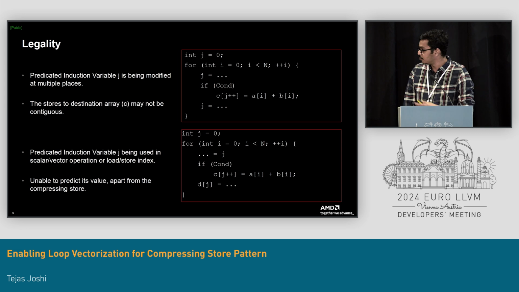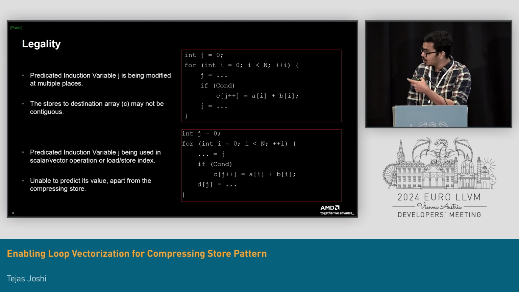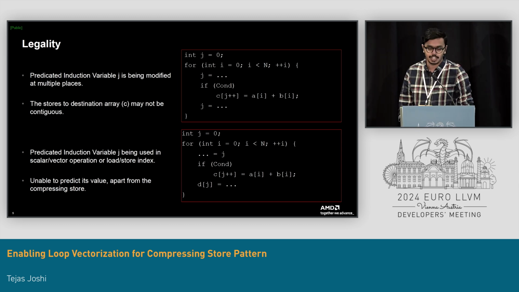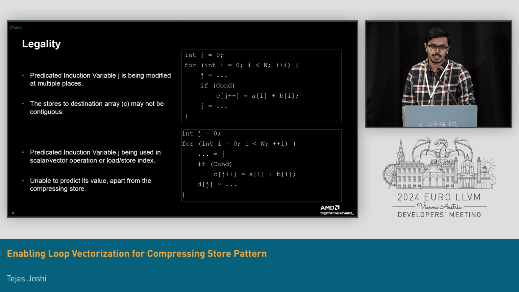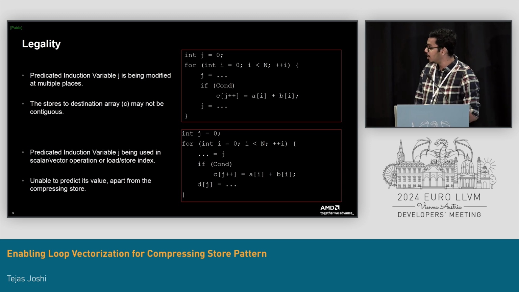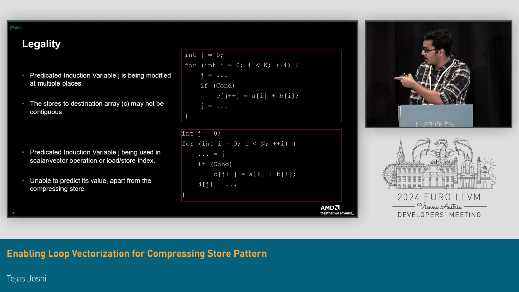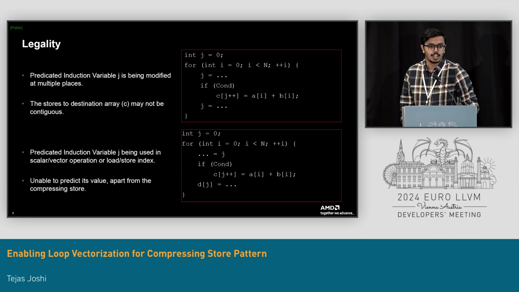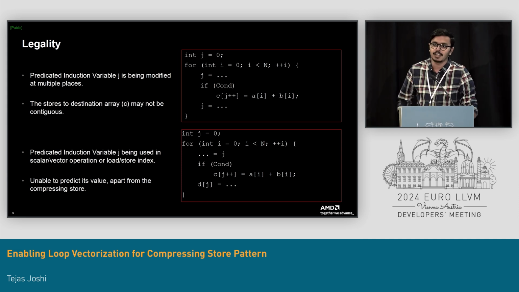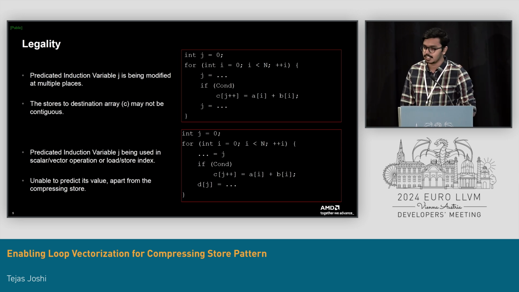Here J is being used outside the if condition. We know what the value of J will be inside the predicated basic block where it is used for the compressing store, but it is very difficult to calculate the value outside of it, because we don't know if, let's say for the store to D, the if condition has been taken or not. While vectorizing, it is pretty difficult to predict that value, so we don't vectorize in this case.